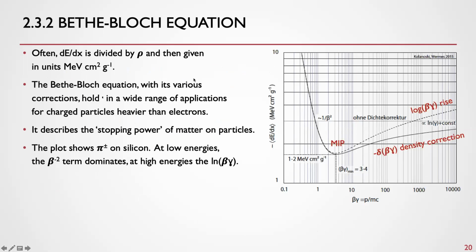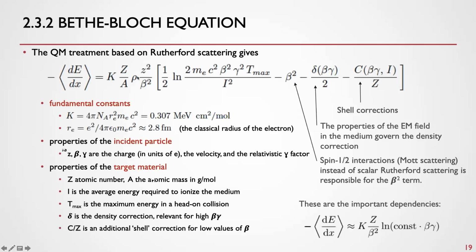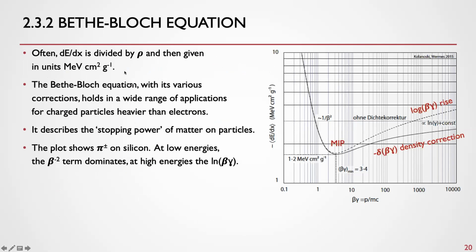Here is the dE/dx divided by the density, which is often done. So you divide the rho that's appearing here, and you show the dE/dx over rho in units of MeV centimeter squared per gram.